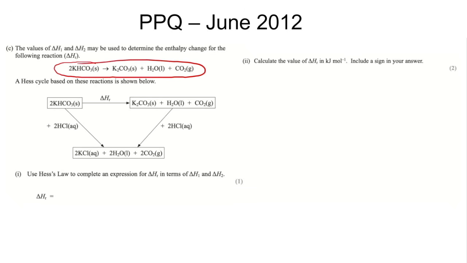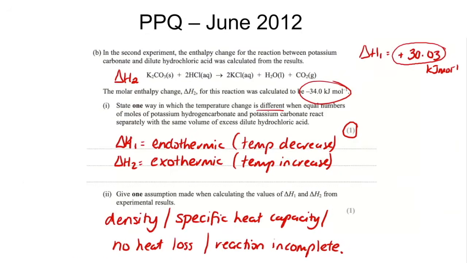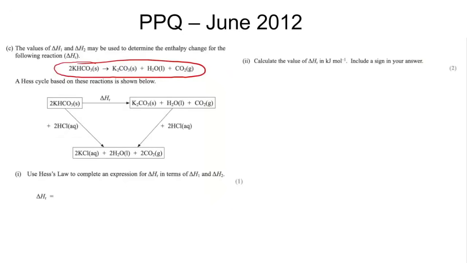Now, if we go back and we look at our delta H1, we notice again the same thing. We have 1 mole here, whereas in our Hess's cycle we have 2 moles. So we have to make sure that we know that delta H1 is going to be multiplied by 2, and here this is delta H2, and we want to work out what the reaction is.